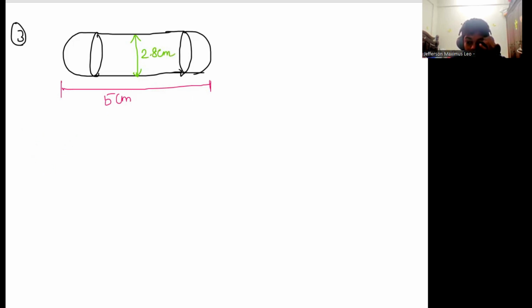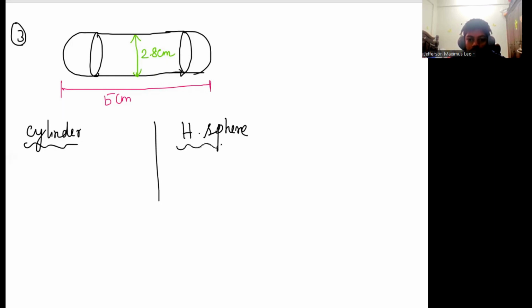So hemisphere and cylinder. Write the measurements separately. From that, diameter is equal to 2.8 centimeter, so r is equal to 1.4. Either we use the decimal way or the fraction way, both are good.